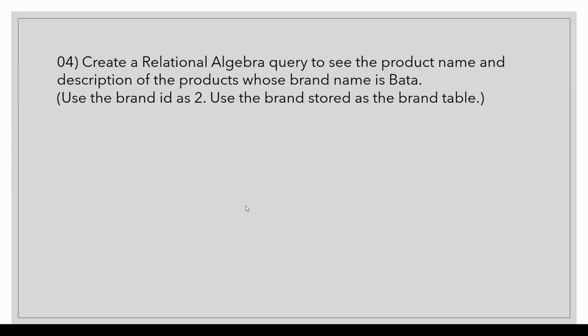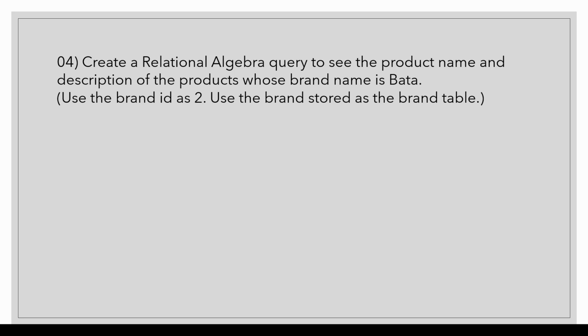Create a relational algebra query to see the product name and description of the products whose brand name is Bata. Use the brand ID as to use the brand stored as the brand table. This is a little bit complicated one. We have to show only two attributes: product name and the description.